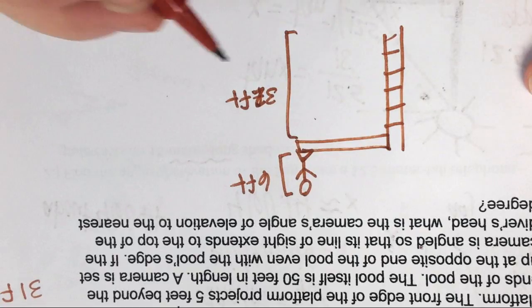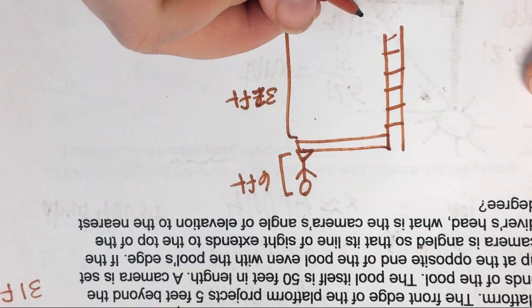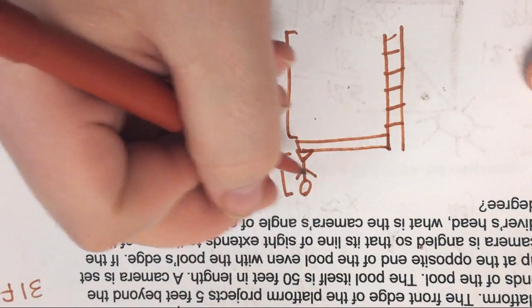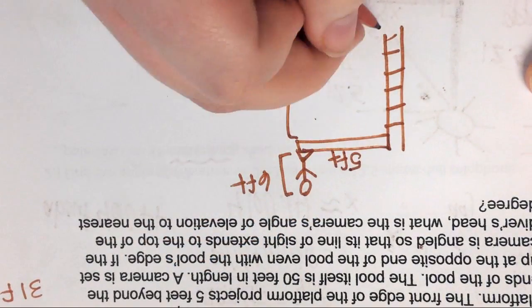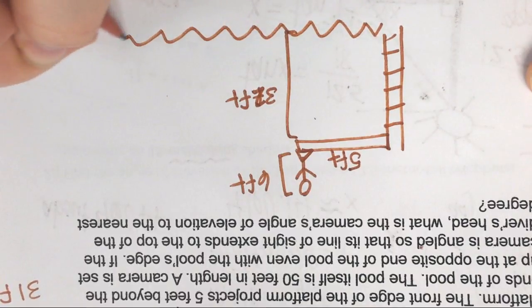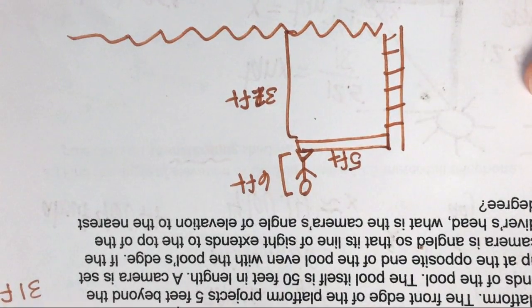And then it tells you the front edge of the platform projects 5 feet beyond the end of the pool. So meaning his diving board is hanging over that pool 5 feet. That kind of makes sense. Obviously, we want him to hit the water, not the concrete.